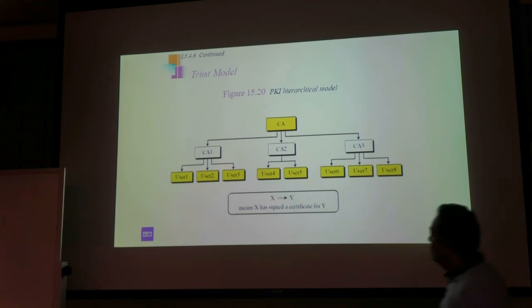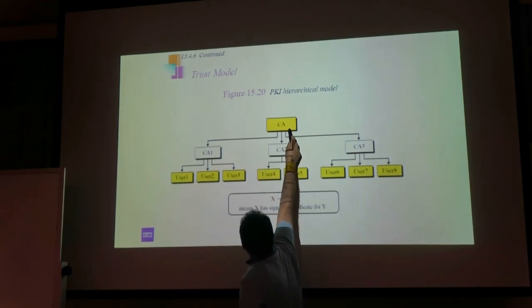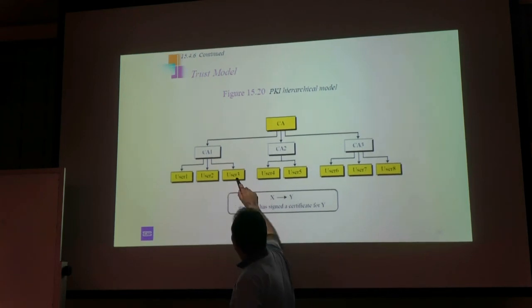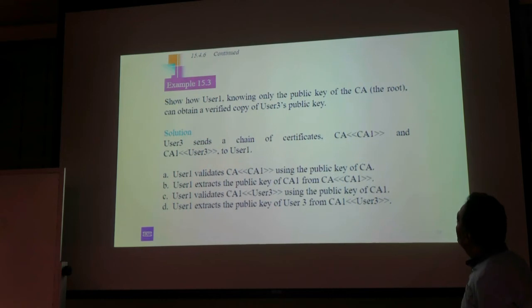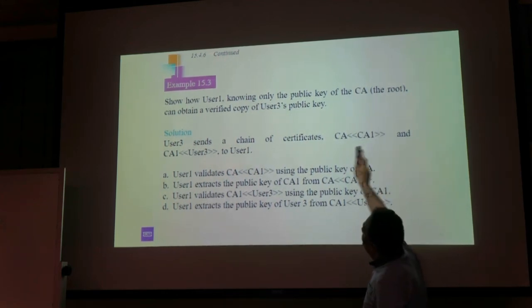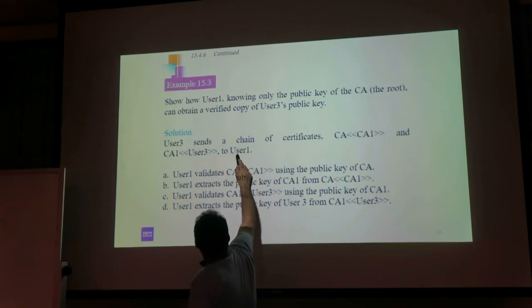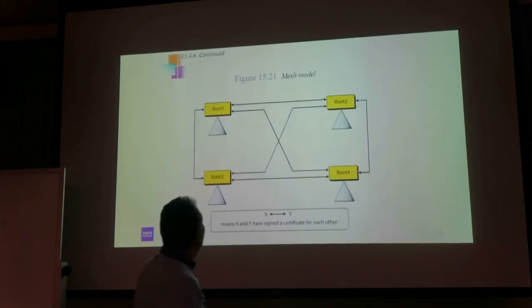So how can user 1, knowing only the CA, get the public key of user 3? User 3 sends a chain of certificates, so it's like a chain going forward.